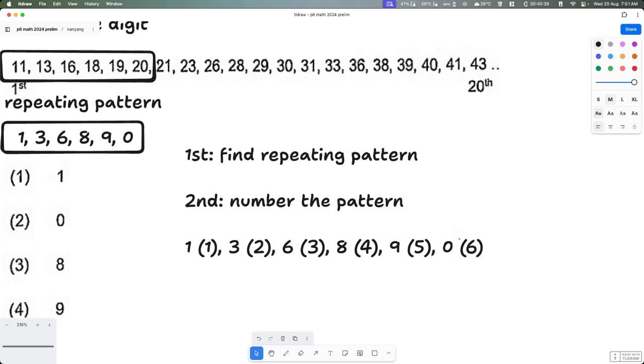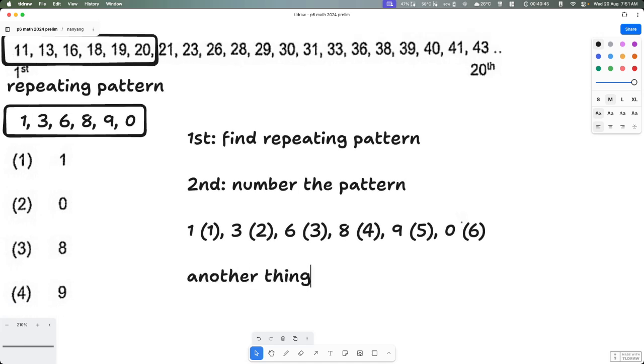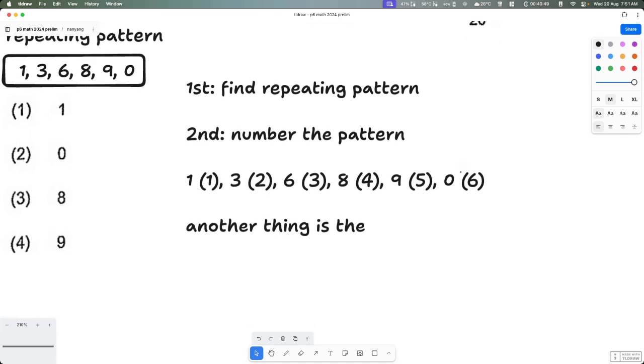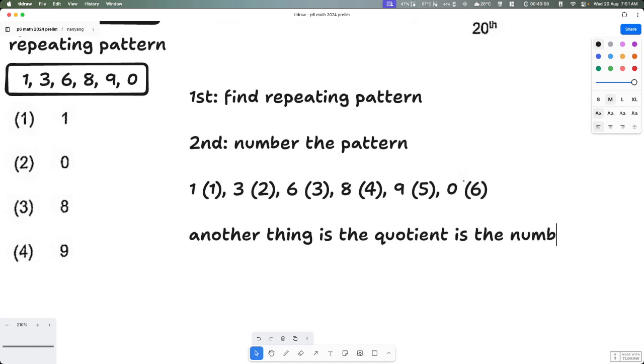Okay, and then another thing is the quotient. Quotient is the number at the start.